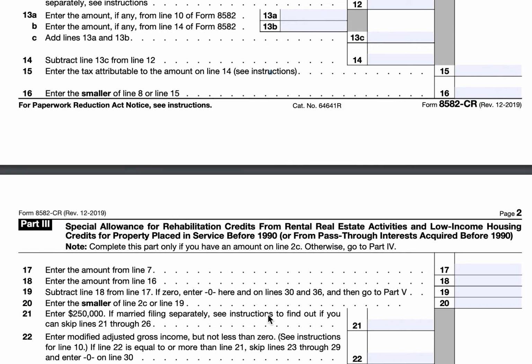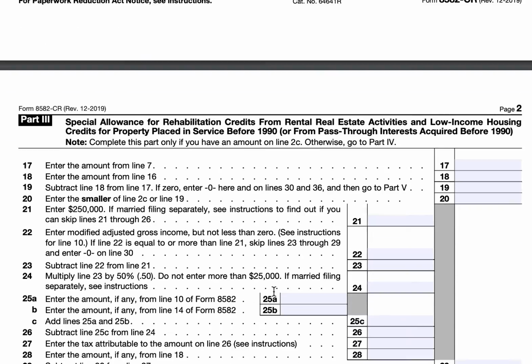In part 3, we'll calculate the special allowance for either rehabilitation credits from rental real estate activities and low-income housing credits for property that was placed into service before 1990, or if you held an interest in a pass-through entity that you acquired before 1990, then that would be a part of this special allowance.